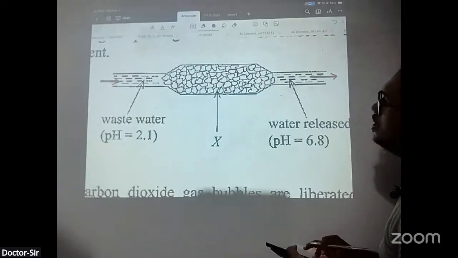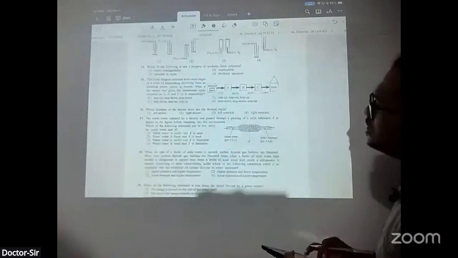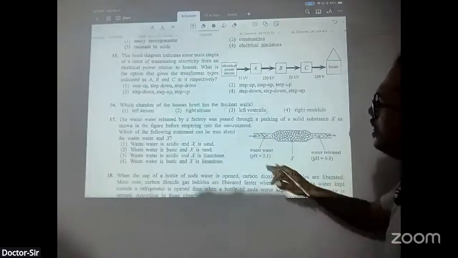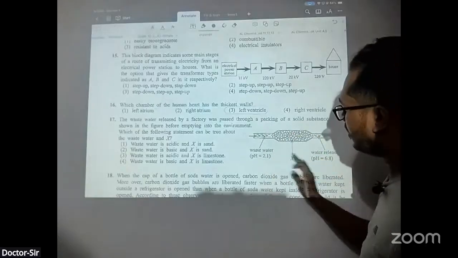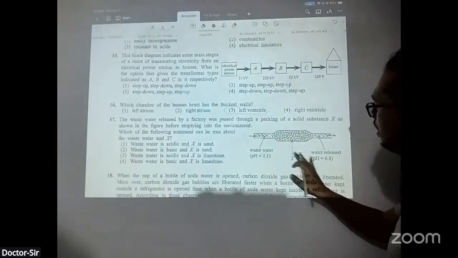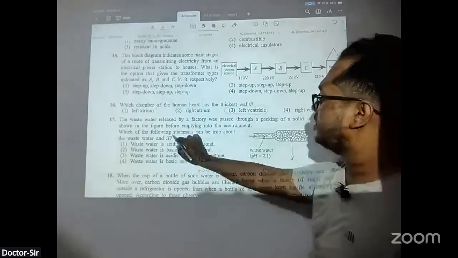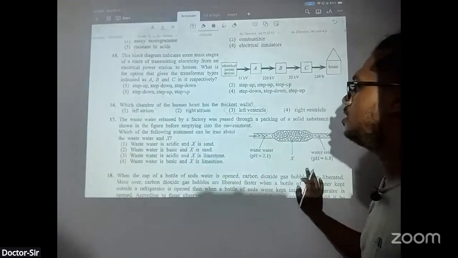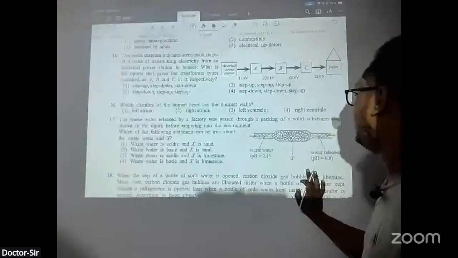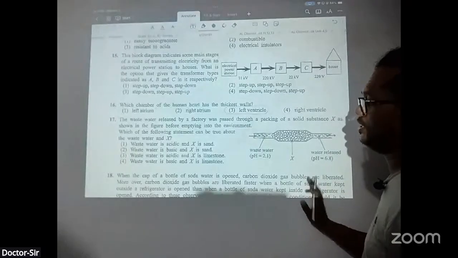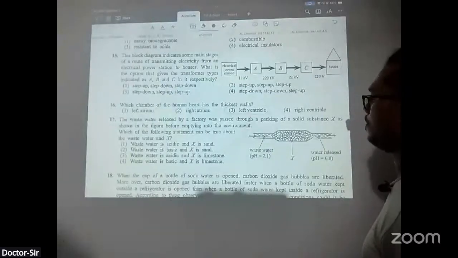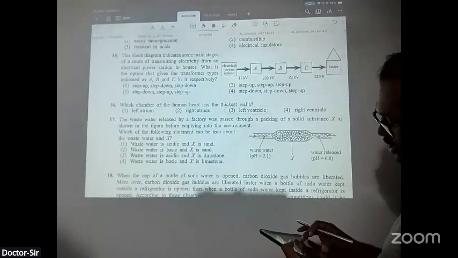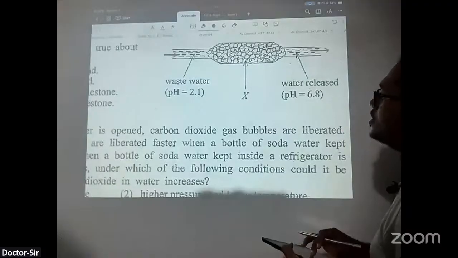Now they are asking, as shown in the figure, before entering into the environment, there is some process also happening here. Which of the following statements can be true about the wastewater and the X? Okay, right. Then we will see about the pH value. So the wastewater.